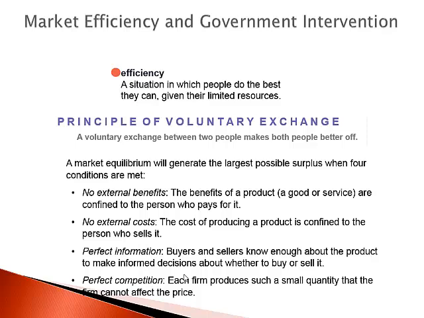Perfect competition. Each firm produces such a small quantity that the firm cannot affect the price. We don't want to have a monopoly or anybody be able to control the price or the quantity enough that they can stop producing and increase price.